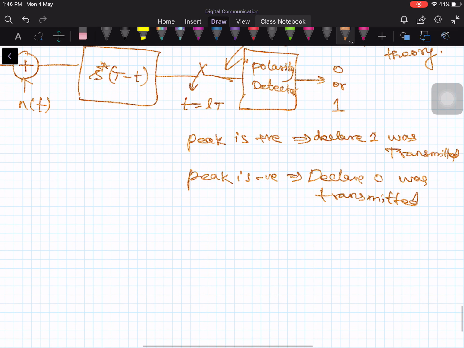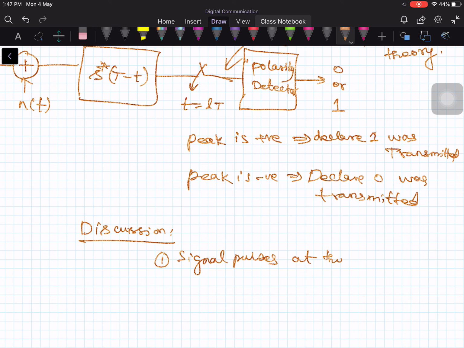The important point to remember is that the signal pulse at the matched filter output should be a Nyquist pulse, because it should not interfere with the other symbols or other pulses. If it is not Nyquist, then it will interfere with the subsequent pulses.